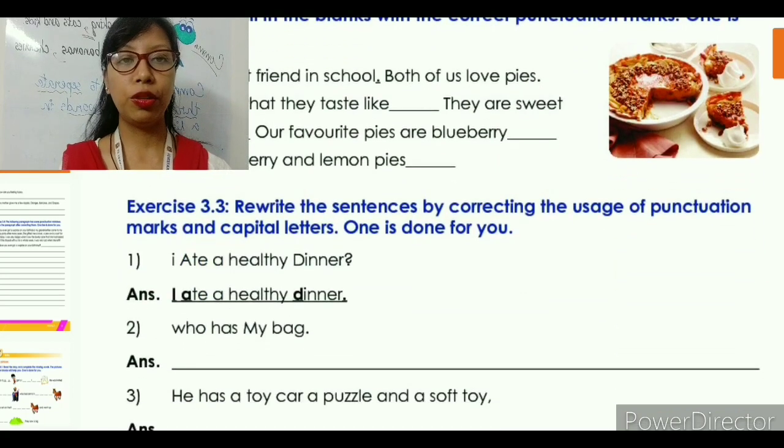Exercise 3.3. Rewrite the sentences by correcting the uses of punctuation marks and capital letters. One is done for you. The first one is already given there.